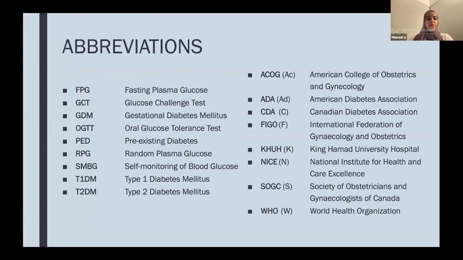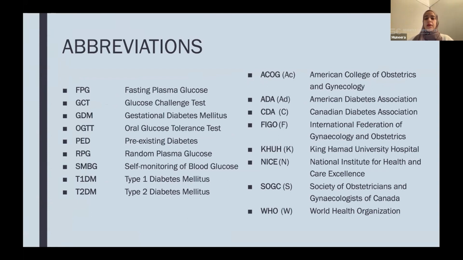So these are the following abbreviations that we will be referring to during our presentation. So we are differentiating between GDM, which is gestational diabetes mellitus, and pre-existing diabetes.